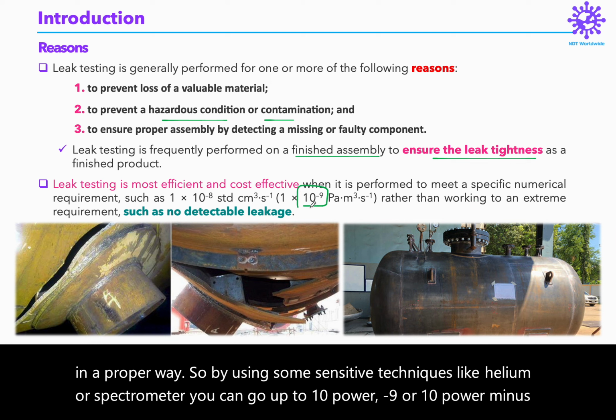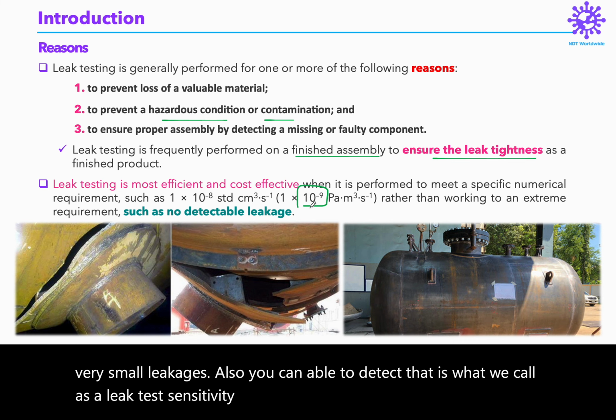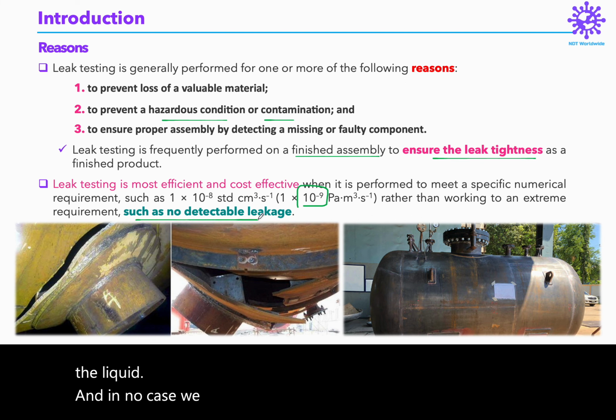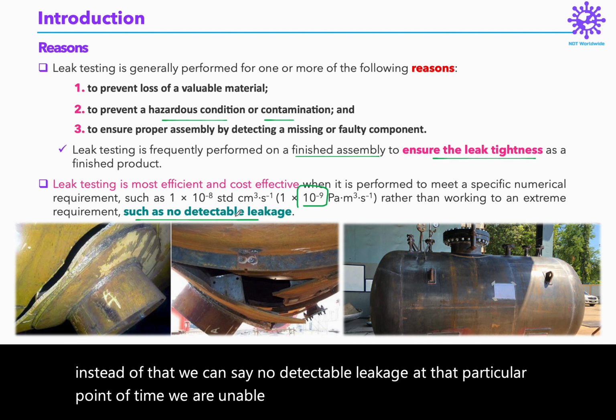So very small leakages also you are able to detect. That is what we call leak test sensitivity, the ability to detect a small quantity of the liquid. And in no case can we say there is a leak-proof system, but instead we can say no detectable leakage. At that particular point of time we are unable to detect the leakage, or maybe the leakage rate is very small.